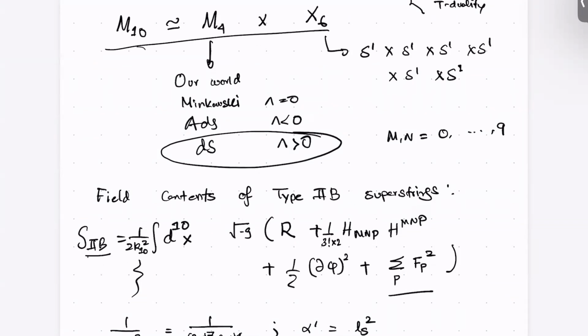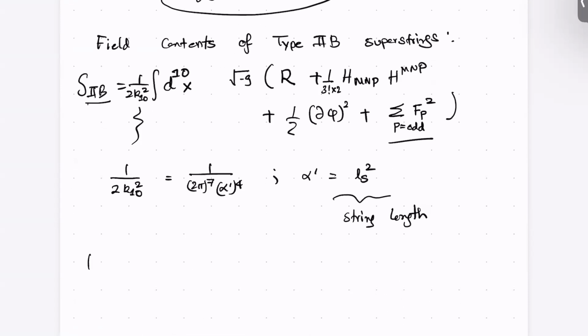And for type 2b, it is p equals odd. You have the odd number of them. So you have F1, you have F3, which is dA0, which is dA2, F5, which is dA4. Okay, this is not a standard notation, I should use standard notations.